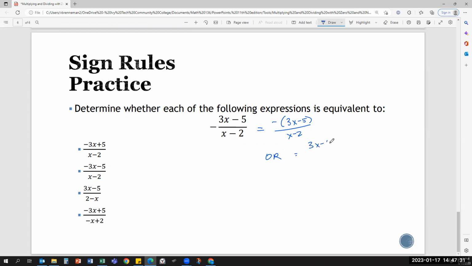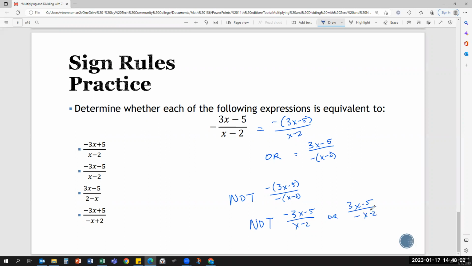So leaving the 3x minus 5 as is and applying it to the bottom. You don't want to apply it to both the top and the bottom, because then those would cancel out and it would just get rid of the negative. And you also don't want to just stick the negative at the front of the top or the bottom. It needs to apply to the whole group.